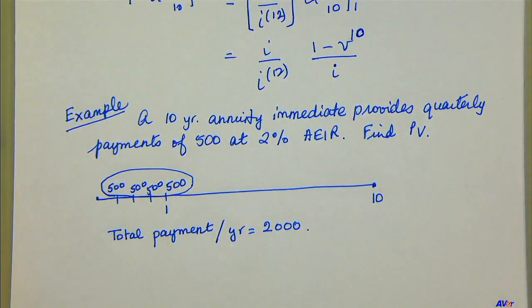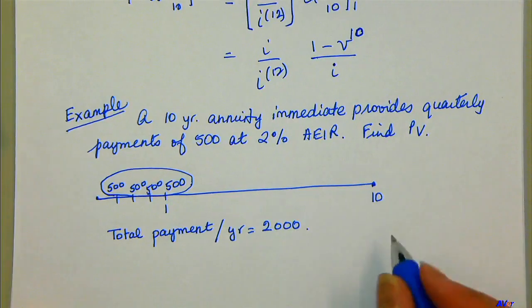Remember, our coefficient was 1 last page. Where did that 1 come from? It came from the fact that there were 12 payments of 1/12 each. So now I have 4 payments of 500 each. So total payment 2,000, and I'm ready to go.